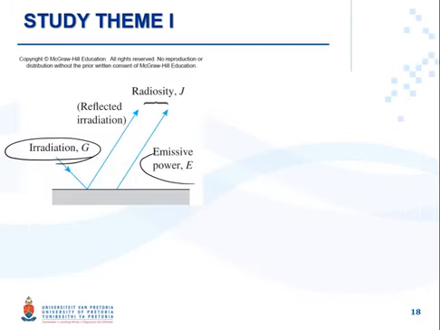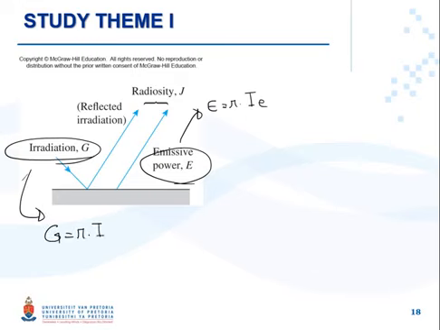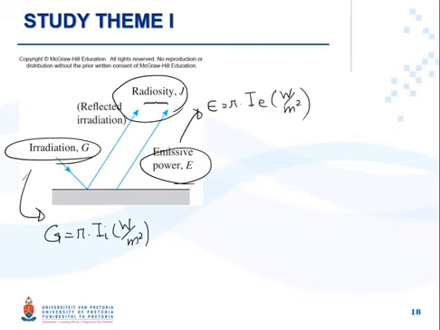So we calculated the flux of interest, pi I_e. We calculated irradiation of interest, pi I incident. Now the only flux of interest which is left is radiosity.